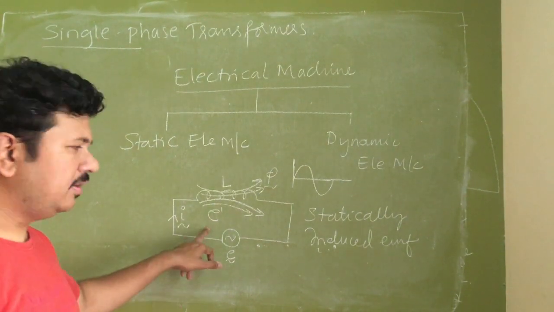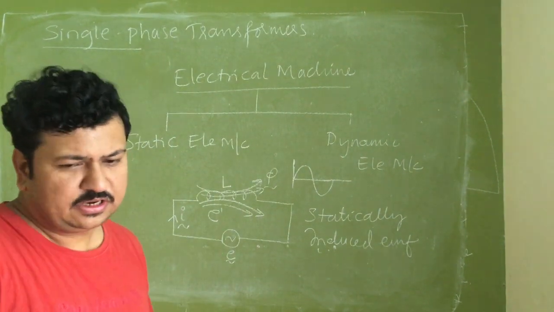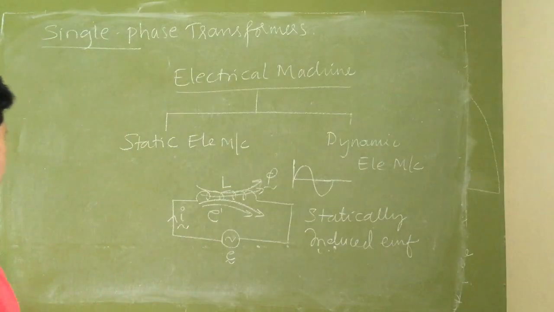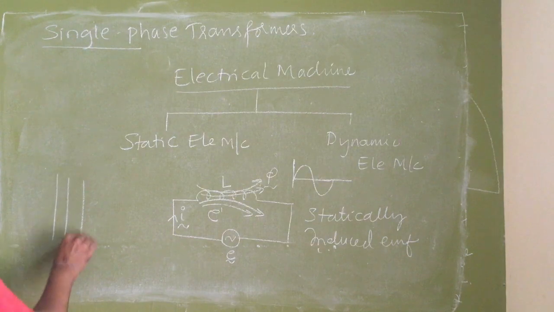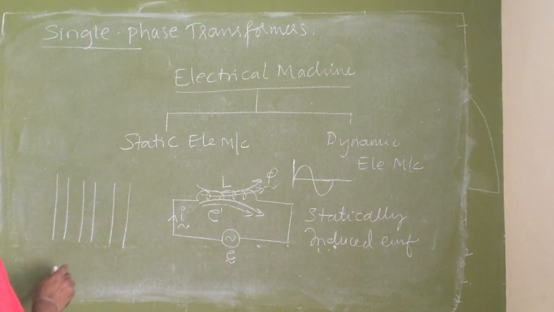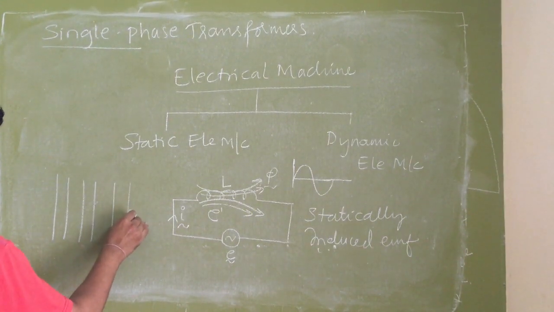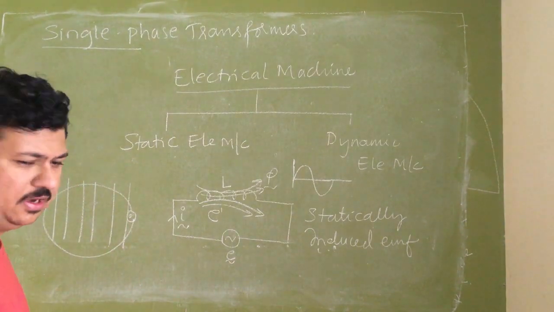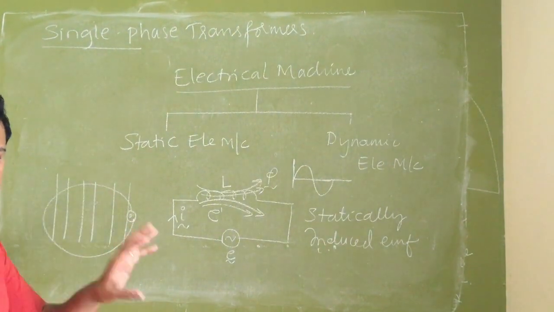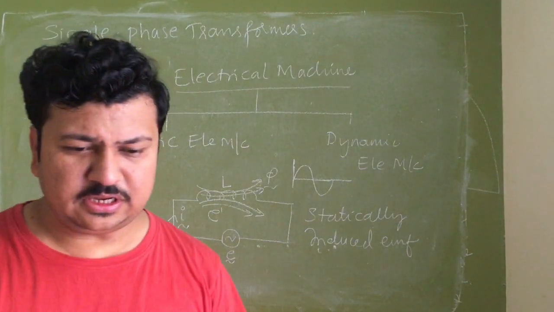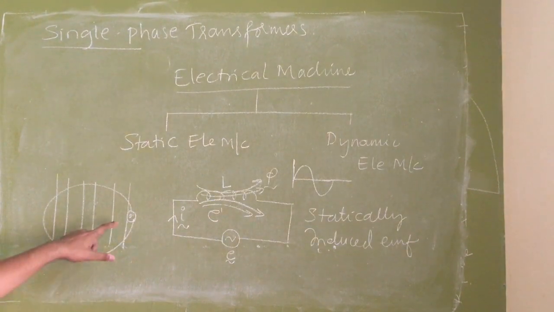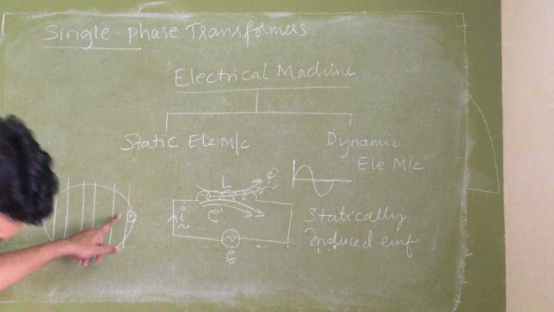Now dynamically induced EMF we have already studied in single phase generation and three phase generation. In single phase generation we saw there was a constant or uniform magnetic field and I made my conductor rotate in its circular path. Here the conductor is physically moving, so there is a dynamic action, hence this is called dynamically induced EMF.